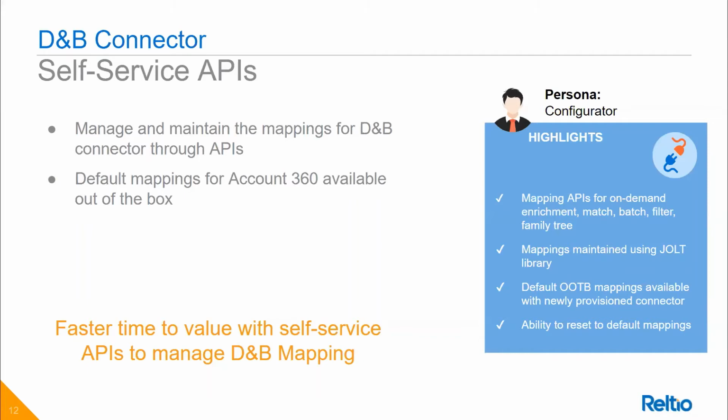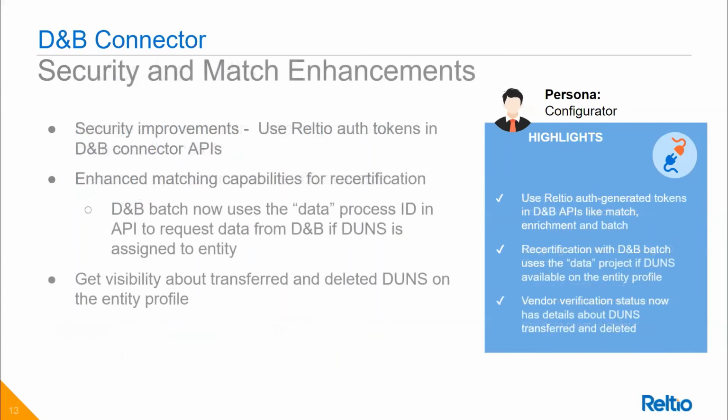Next, I want to talk about the DNB connector security, as well as some of the match enhancements that we have done. For security, you can now use the Reltio auth tokens for authentication. If you have used the connector APIs directly, you would have noticed that Reltio credentials are required to be passed as part of the API headers.